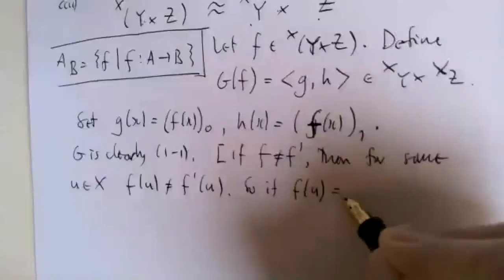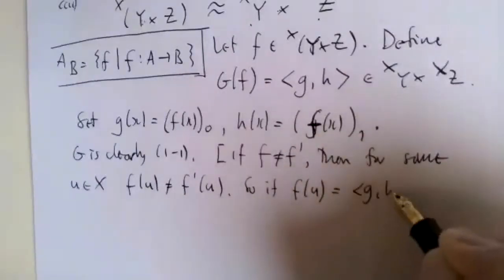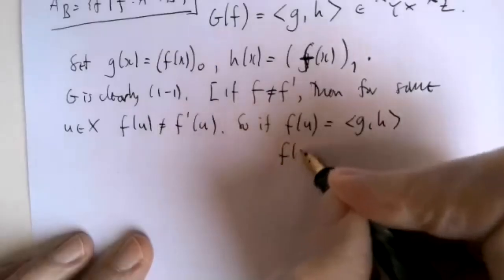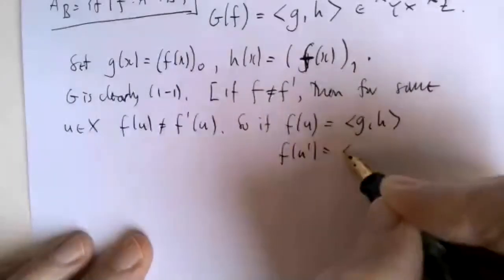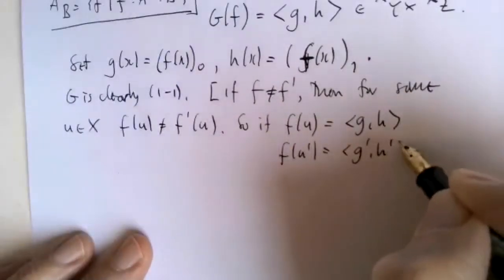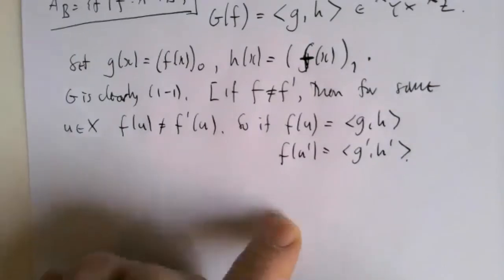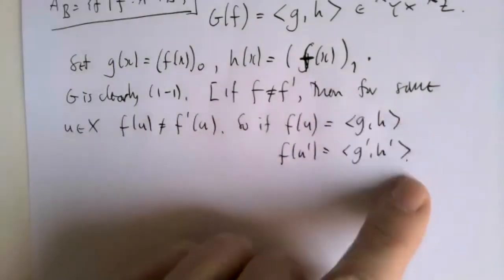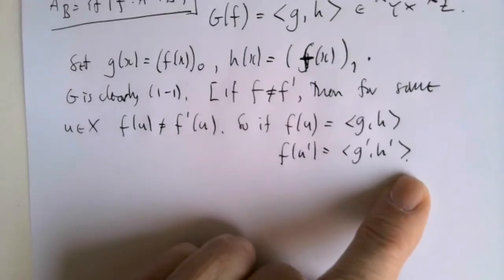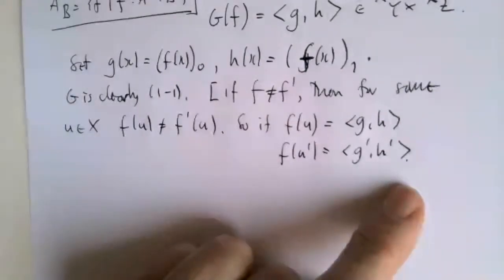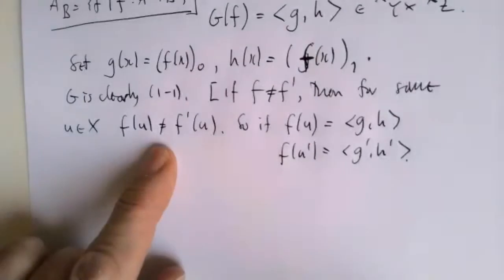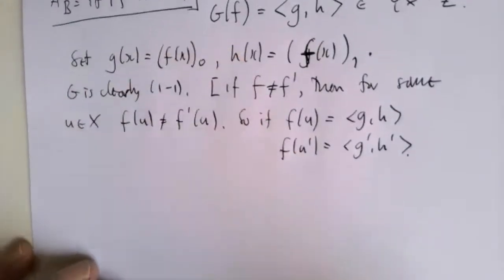So if f of u is, let's say, gh, and f prime of u is g prime h prime, one of g and g prime, or h and h prime, must be different from the other, right? Because these are different things. So G of f is different from G of f prime.